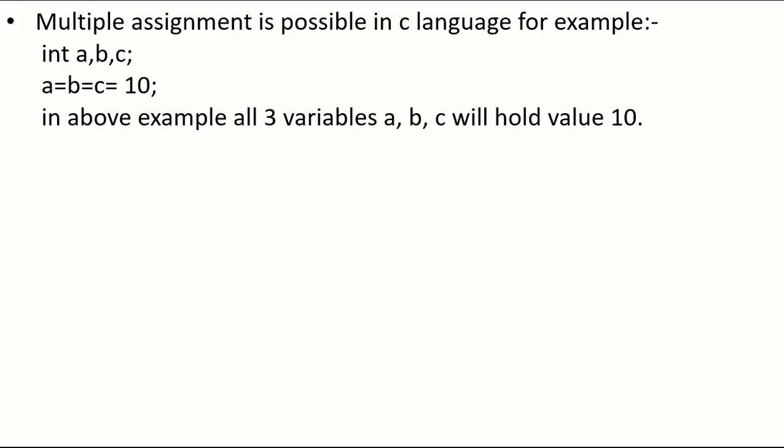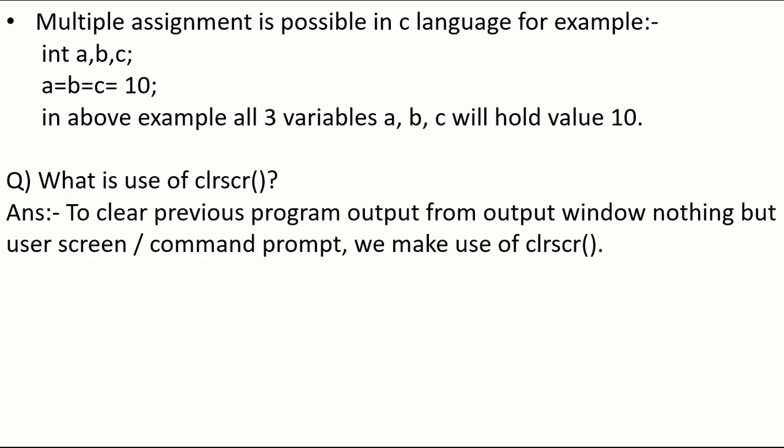Now let's move on. What is the use of clear screen? Why do we use the clear screen function? To clear the previous program output from the output window, nothing but the user screen. The user screen is also known as the command prompt, or simply we can say console as well. We make use of clrscr, which means clear screen.